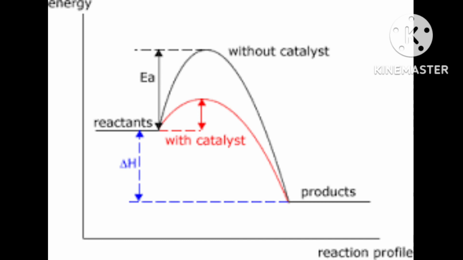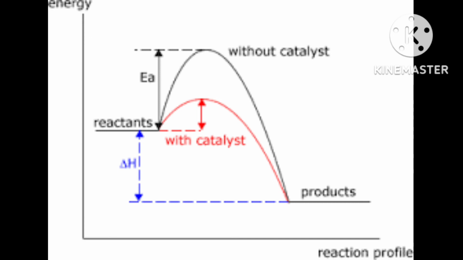For H2, as for example, the bond length will increase, the bond is becoming weak, and the nitrogen bond also will become weak. At the same time, a new bond will form. Take H2 plus I2 as the example: the H bond will become weak, the I bond will become weak, and only at that temperature the new HI bond will begin to form.